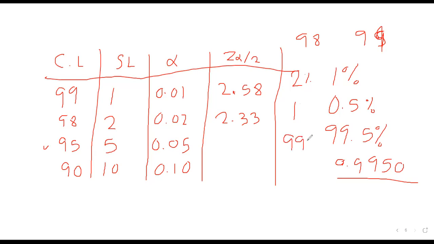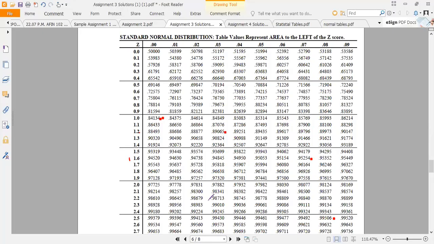Then we express it in decimal, 0.9900. Then we locate it. Check the table. So 0.99, the closest is here, 2.33. Yes, 2.33. All right, so this is how we get the 2.33.